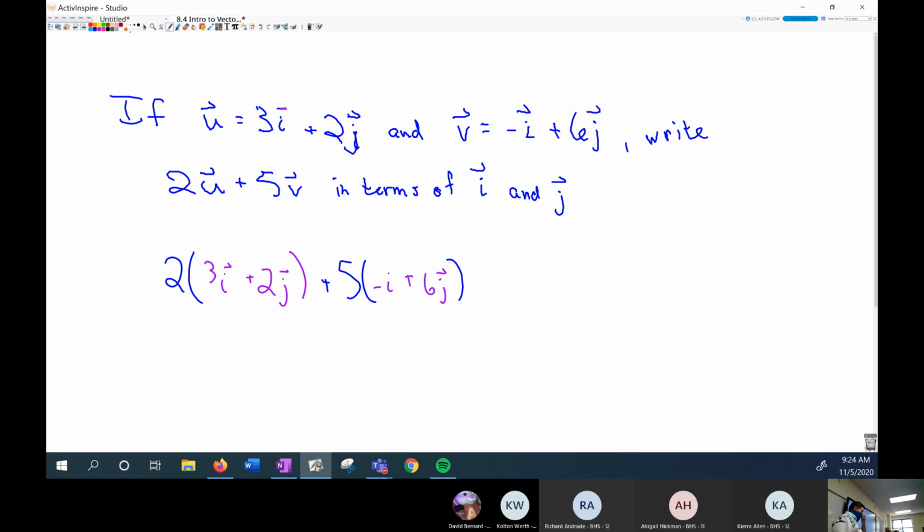How would I simplify this? Distribute. This becomes 6i plus 4j. And this one, I'm going to distribute here. Actually, it's not going to be a minus. It's going to be negative 5i plus 30j.